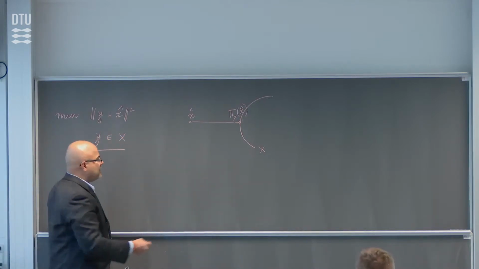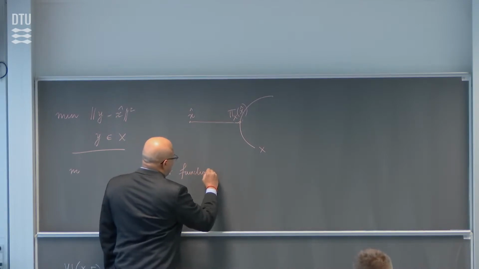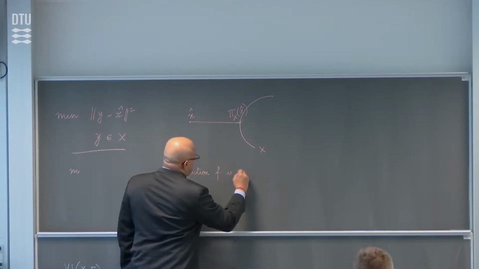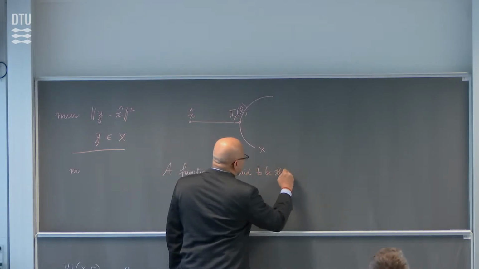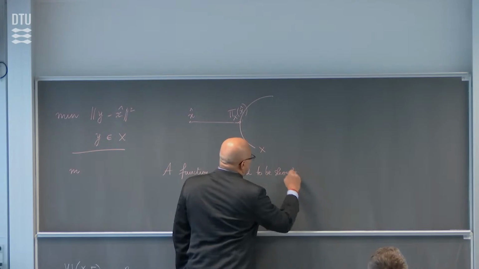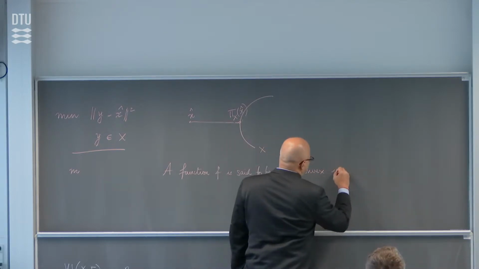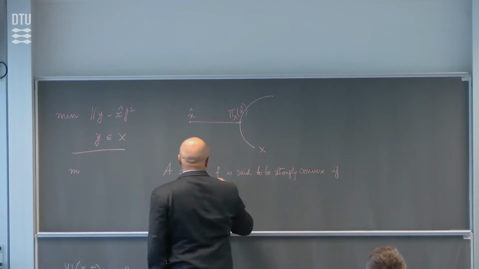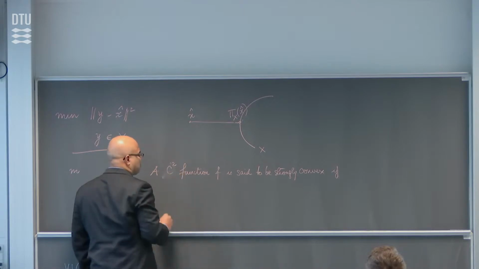In the quadratic case, a function f is said to be strongly convex if, so I'm going to assume the function is a C2 function, a twice continuously differentiable function.